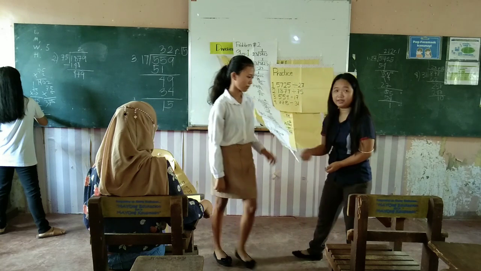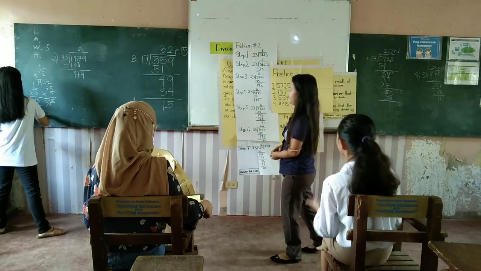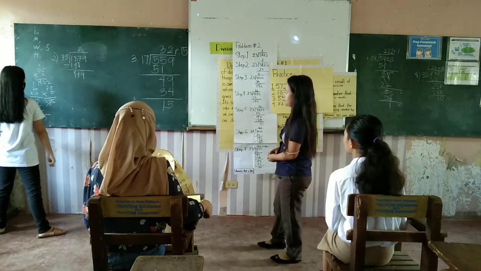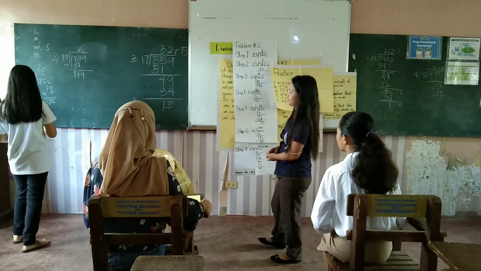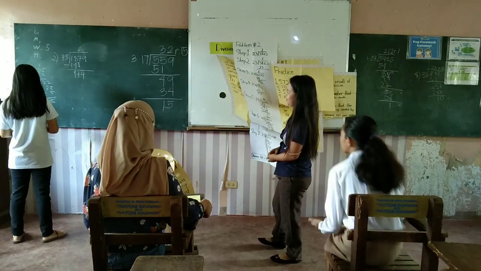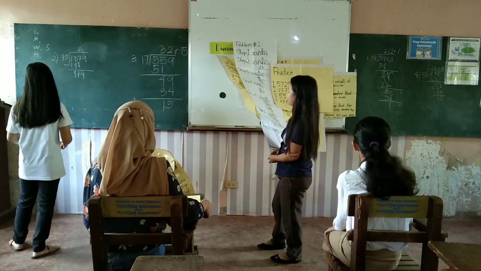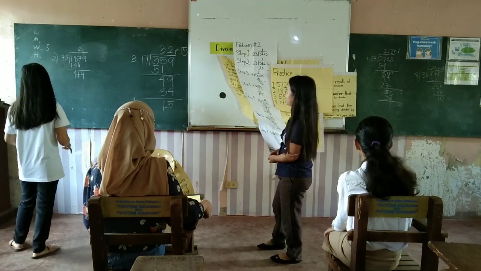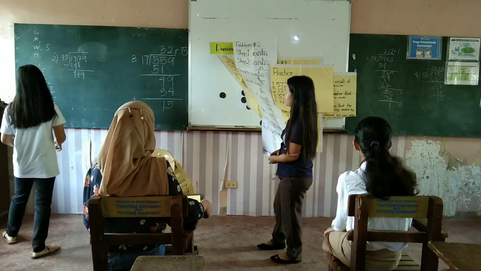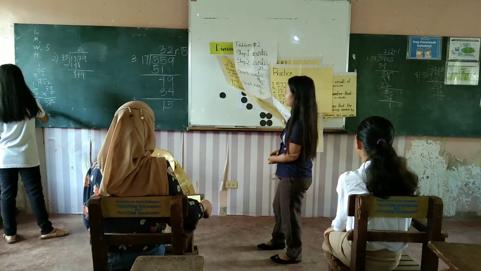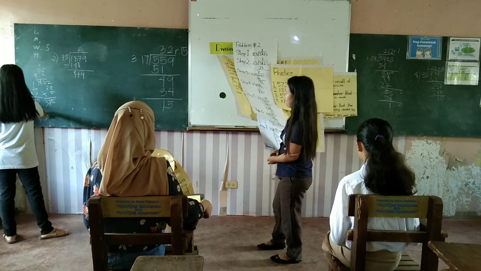Just take your seat. Okay na. 75. 75 times 6. 5 times 6, 30. 7 times 6.